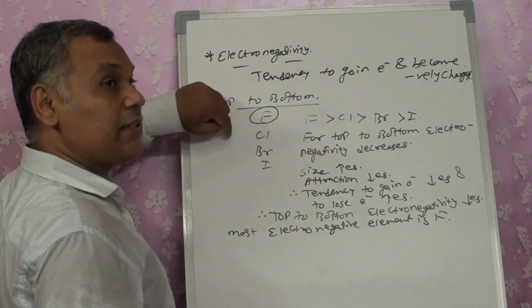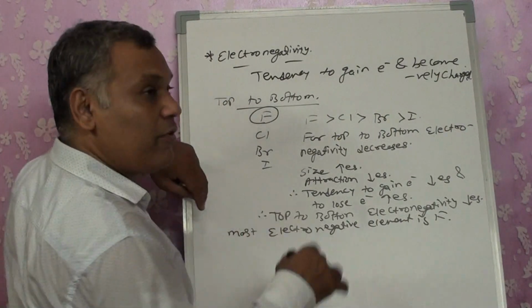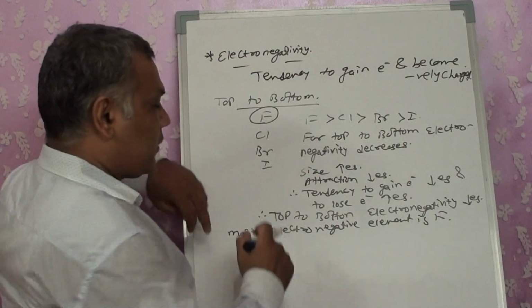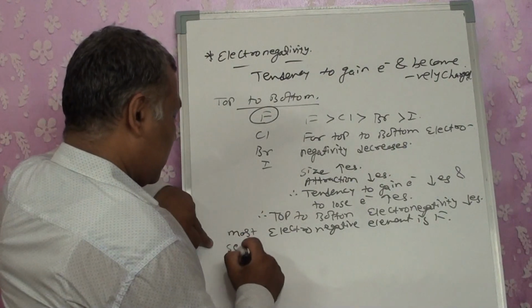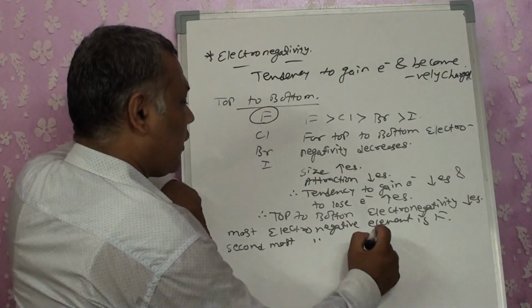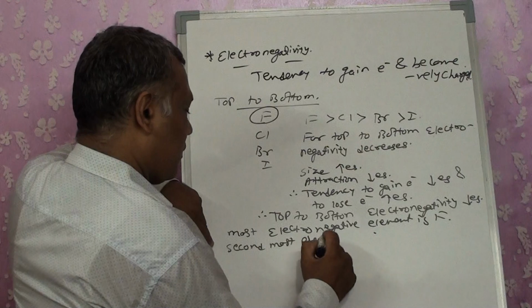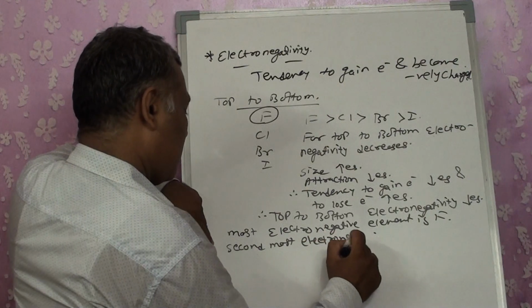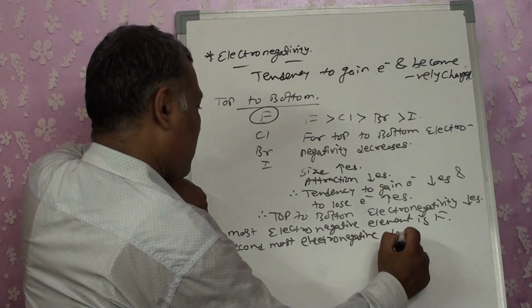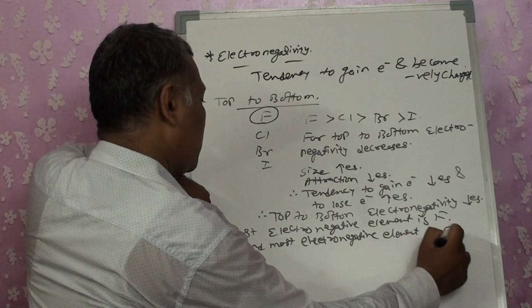But here is the second factor that we want to remember. According to the electronegativity trend, the second most electronegative element is oxygen.